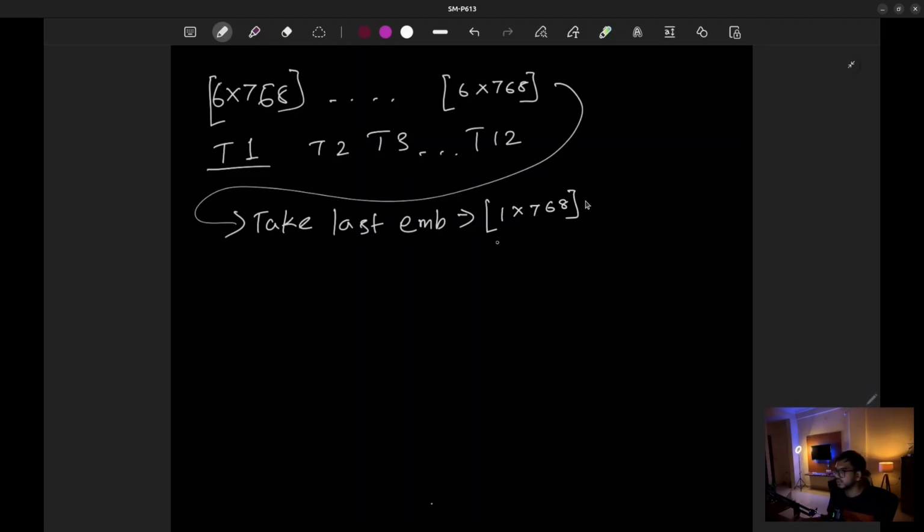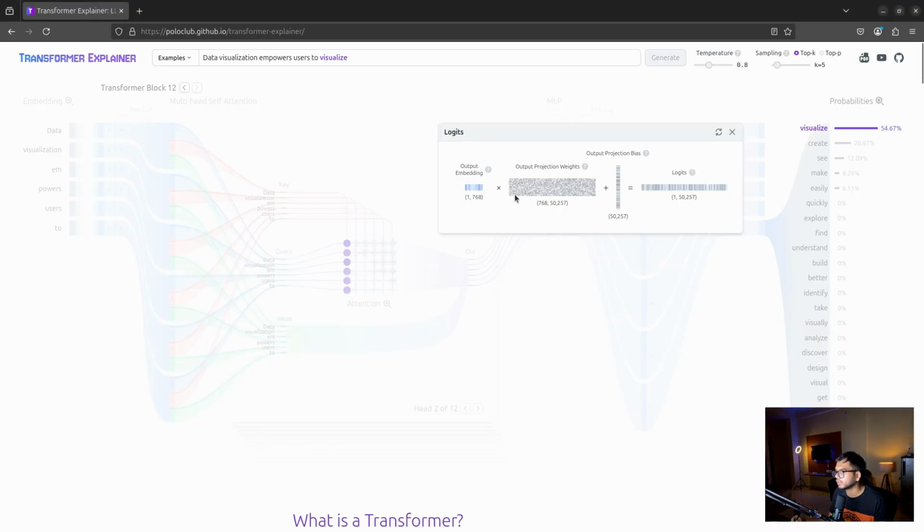This has all the information of the previous 5 embeddings, and that goes into the last logit calculation layer. What this layer does is it has a projection weight. If you click on this info button, you can see it transforms the final embedding into a vocabulary distribution. Parameters learned in training, fixed in prediction, right?